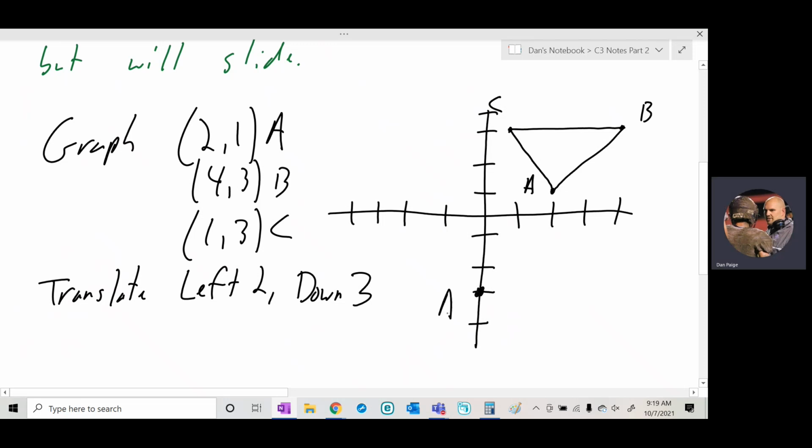And then when you label it A, you're going to put a little line up above it. It's not a number 1. It looks like the number 1, but it's not. It's like a dash mark.